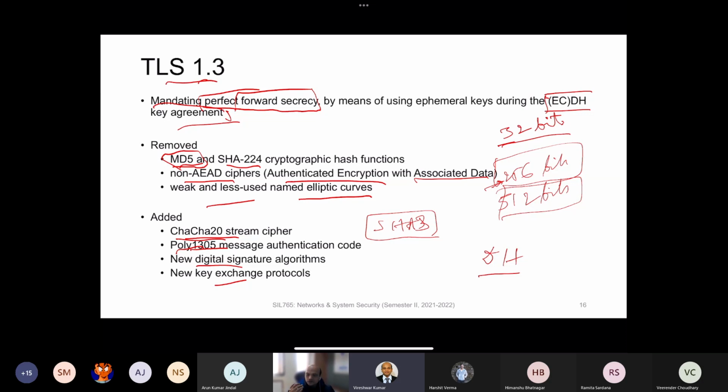And then we said that you have to use digital signatures in order to authenticate the Diffie-Hellman key exchange. You are also using a digital signature in your assignment, so you know how those digital signatures could be generated. You could use RSA for generating digital signatures.